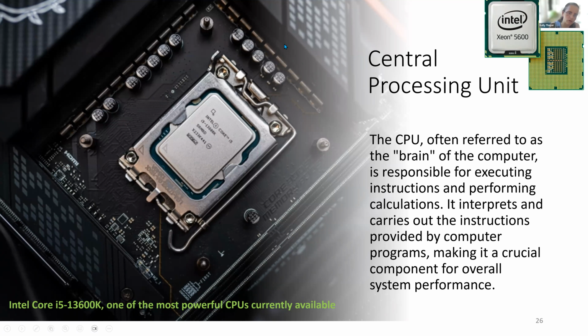And here we have an image of an Intel chip actually plugged onto a motherboard. So we'll see what the motherboard is in a moment, but it's basically the main circuit board of your computer. This is the Intel Core i5-13600K. This is one of the most powerful CPUs that's currently available today, and this is what it looks like.